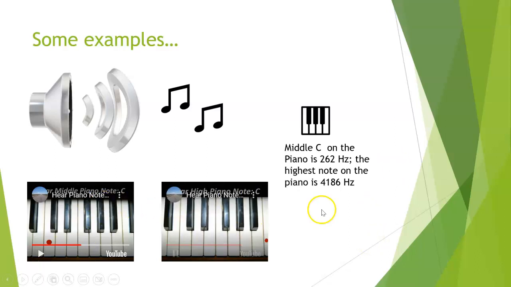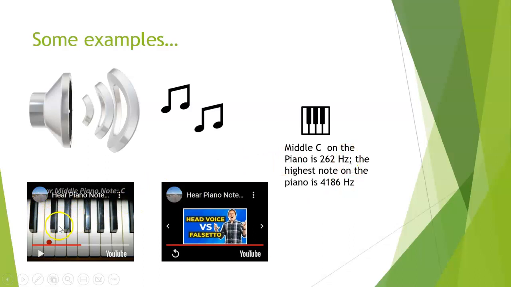So when you heard the one over here, the middle C on the piano is 262 hertz. And the highest note that we heard over here is 4,186 hertz. Okay? So there are several octaves between the middle C and the highest C on the piano.